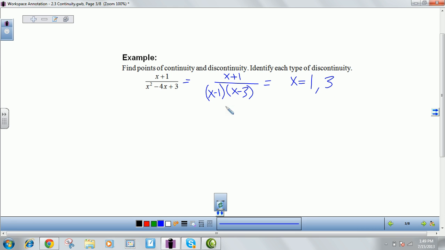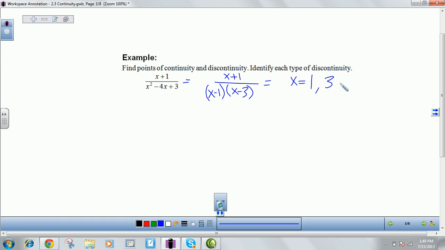If I plug 1 in, it'd be x plus 1 over 0. If I plug 3 in, it'd be 4 over 0, which is undefined. So you have vertical asymptotes at x equals 1 and 3.